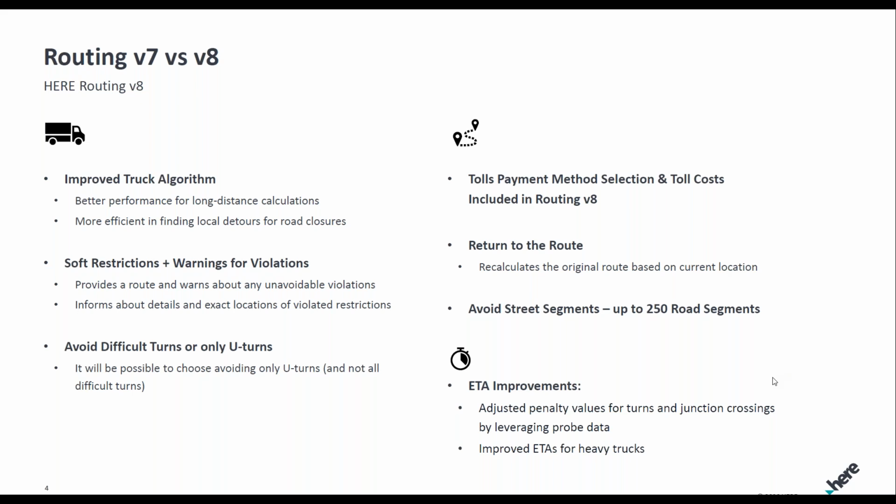Also, the track algorithm has been improved. The restriction and warning violations have been added and improved, which is very important because slopes have some safety risk within. If it's the load, which can slip, right? If you're too fast, or if you underestimate the road conditions. So it's very important in any case.